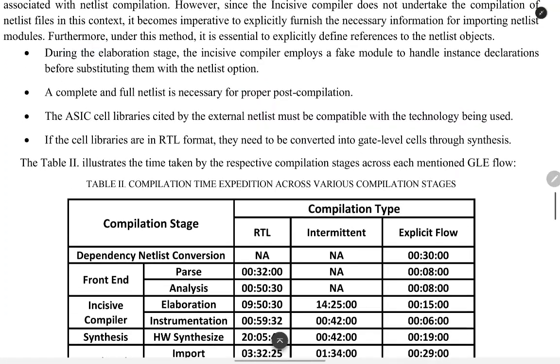During the elaboration stage, the Incisive compiler employs fake modules to handle instance declarations before substituting them with the Netlist modules. A complete and full Netlist is necessary for proper post-compilation. The ASIC cell library cited by the external Netlist must be compatible with the technology being used.